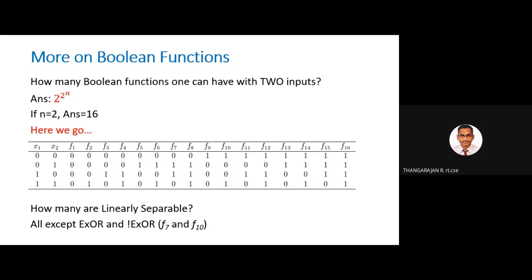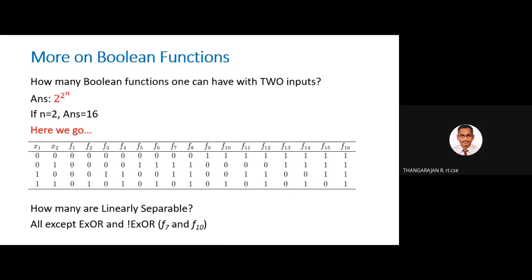Now, among all these 16 functions, how many are linearly separable and how many are not? I already gave you the answer that XOR is not linearly separable. Apart from XOR, what are the other functions that are not linearly separable? Yes, F10 is also not linearly separable. So XOR and not XOR are not linearly separable, whereas all other functions are linearly separable.